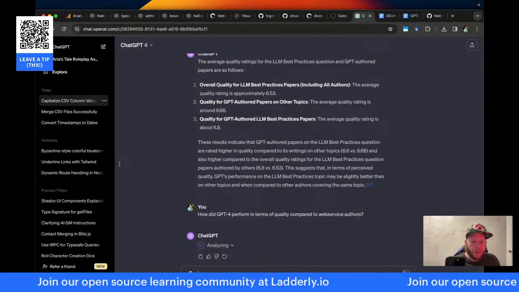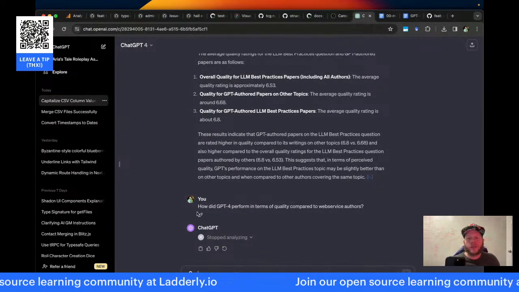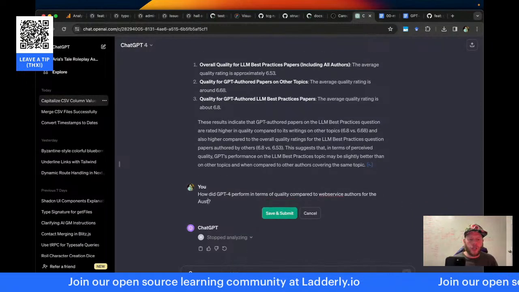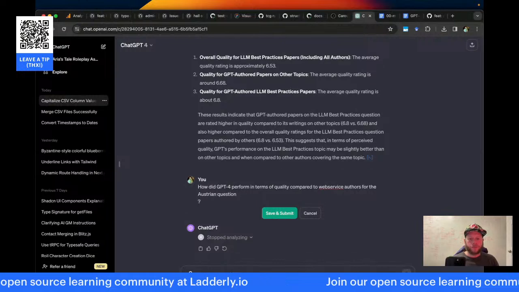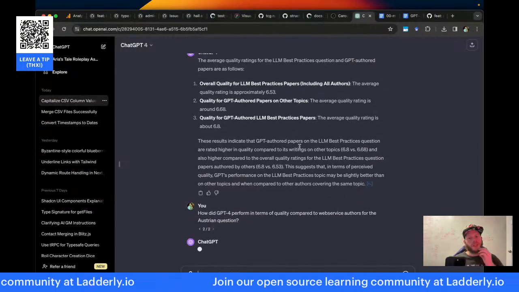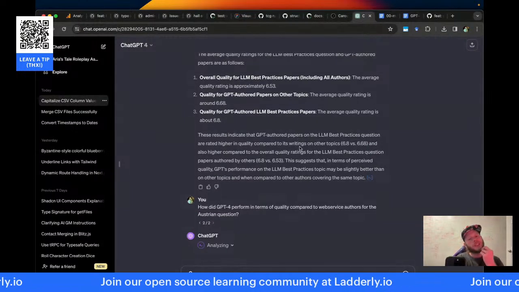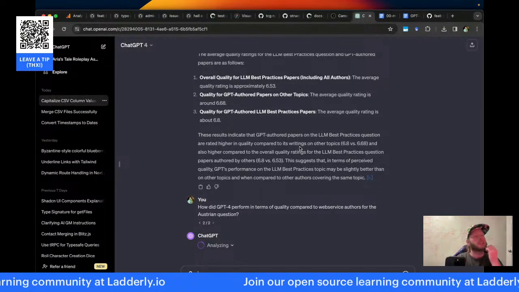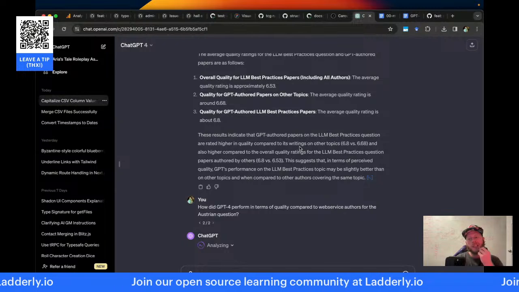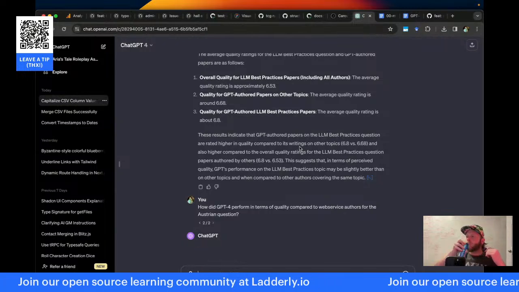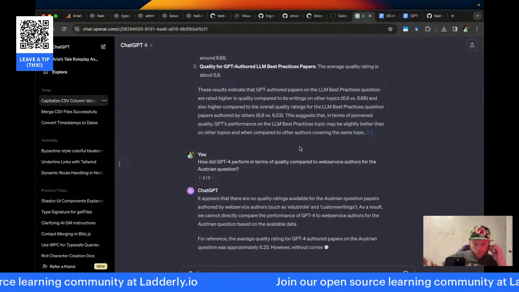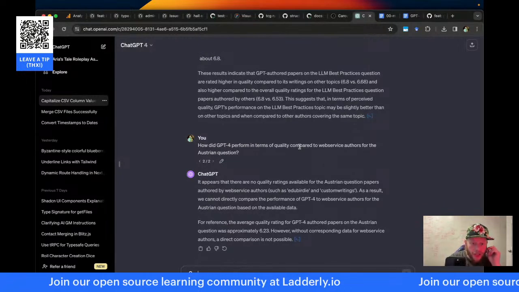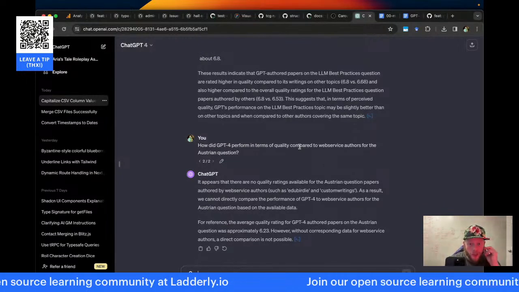Oh, hold on. Let me stop that. How did GPT perform in terms of quality compared to web service authors for the Austrian question? It appears there are no quality ratings available for the Austrian question.